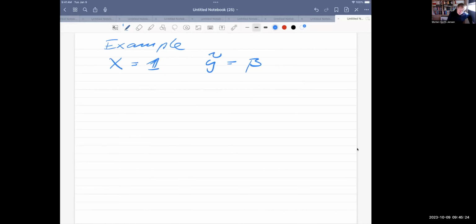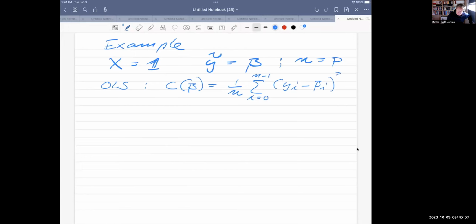That means that if I look at ordinary least squares, my function is just given by the mean squared error. So that is the sum over 1 over n, and I'm also assuming that n is equal to the number of features, just to make life simple. So I have a sum over 1 over n, going up to n minus 1, which is the same as p, of (y_i minus beta_i) squared.